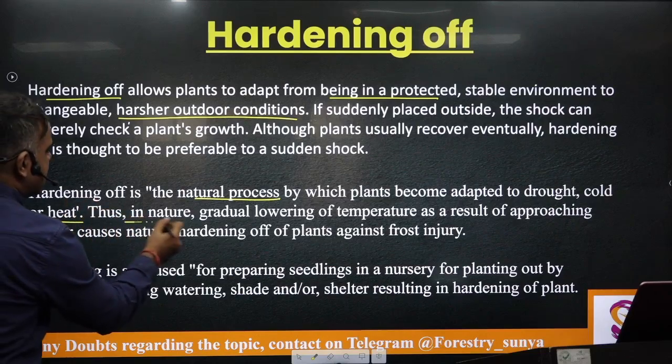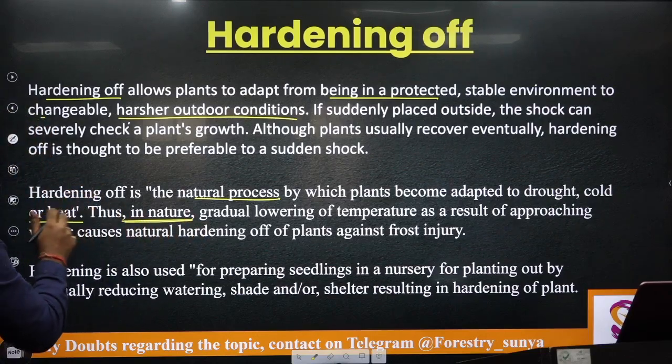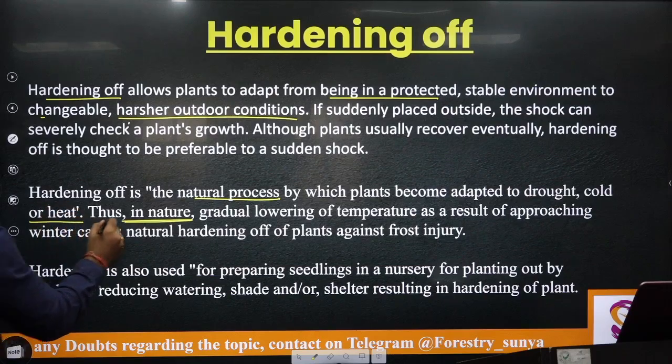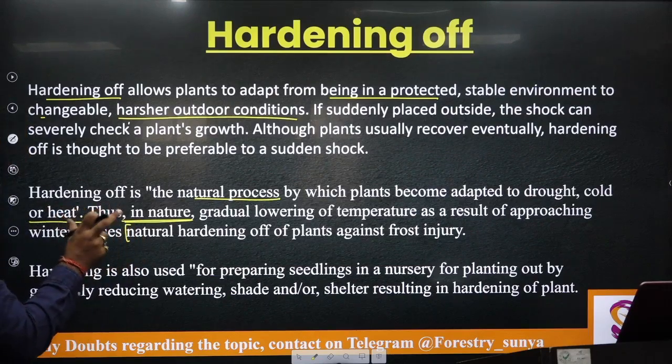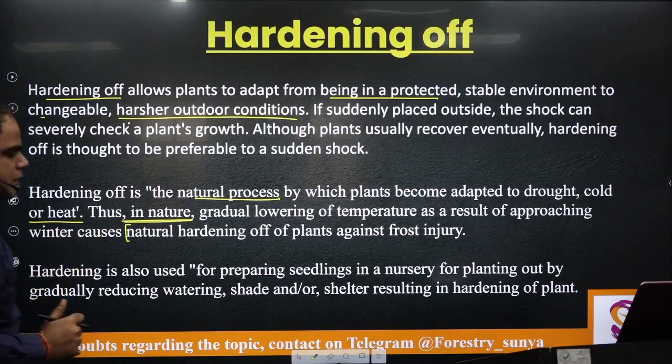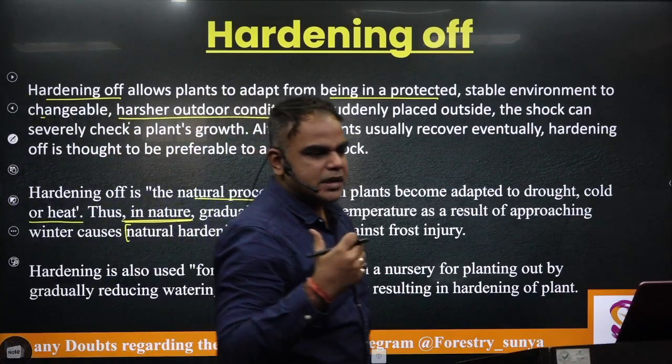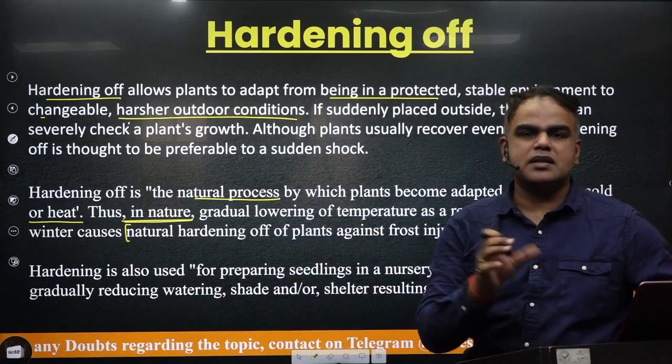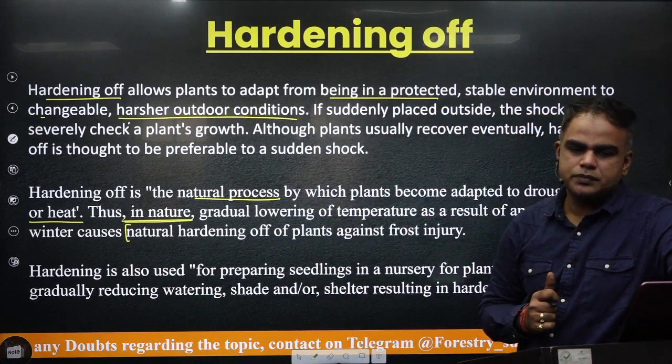This is nature's way of approaching it. So hardening off is overall beneficial for the plant, because this is the way of acclimatization, as we may say. This is how we can talk about it, right?